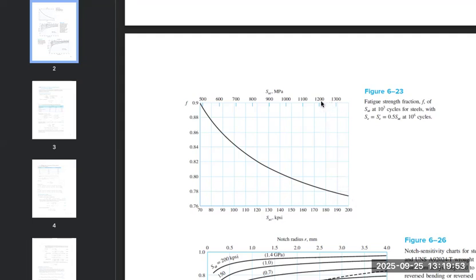We see that between 1,200 and 1,300, it's about 100. But ours is 1,600, so that is a difference of like 300.